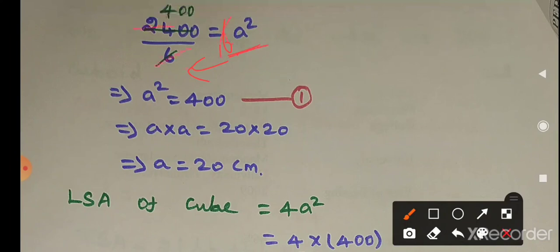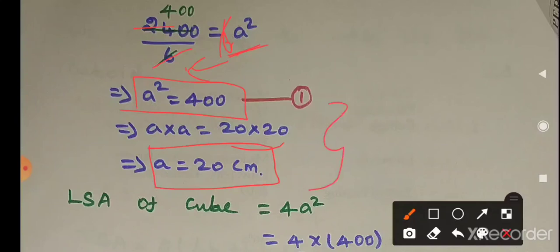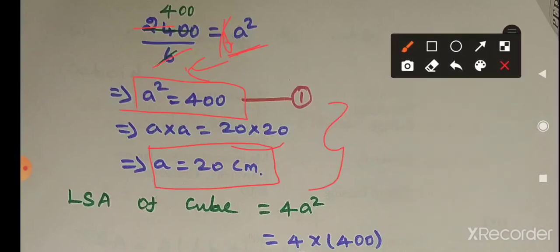So a square is equal to 400. Then a into a is equal to 20 into 20, 400. So a is 20 centimeter. This is no need, but I did it.